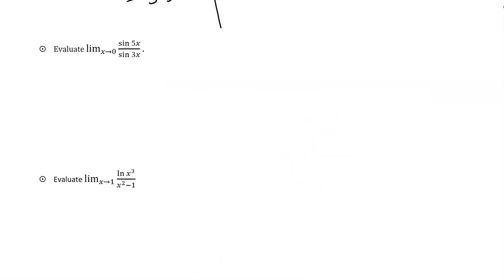Here we have one where if you plug in a 0, you would get sine of 0, which is 0, over sine of 0, which is 0. So L'Hopital's rule applies here. And I'm just going to make a little note that I'm using L'Hopital's rule. The derivative of sine of 5x is going to be 5 cosine of 5x. And the derivative of sine of 3x is going to be 3 cosine of 3x.